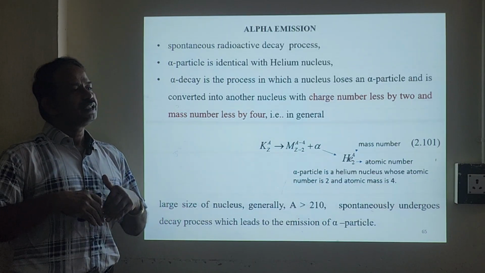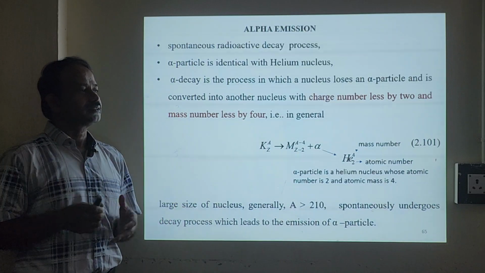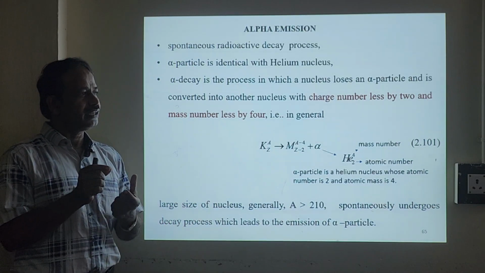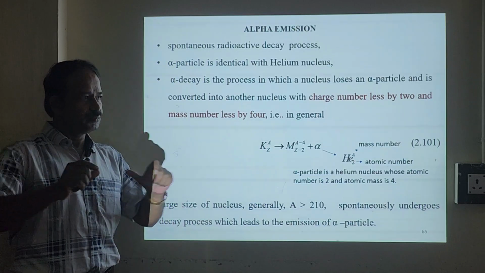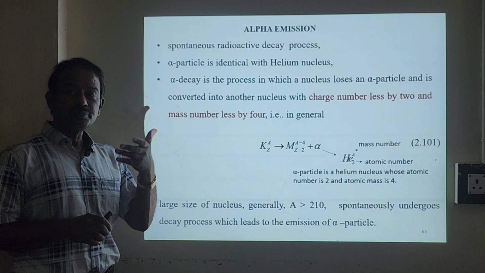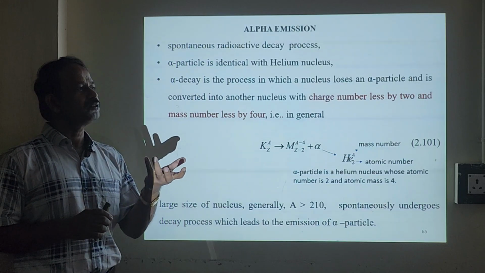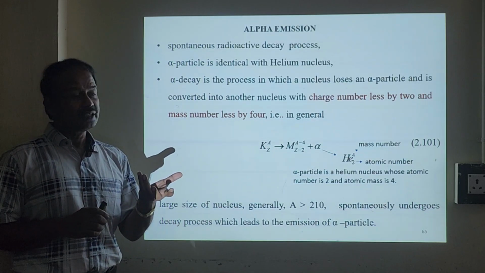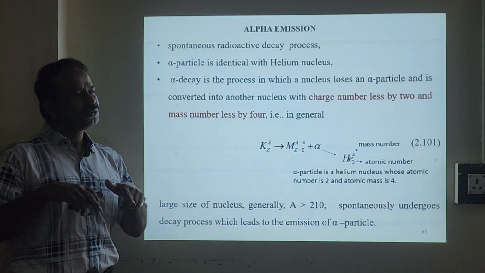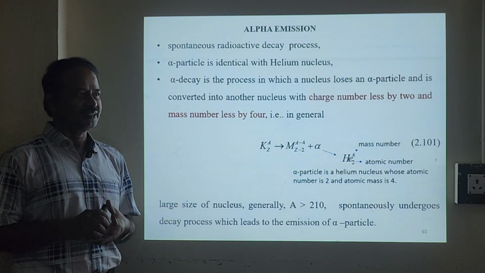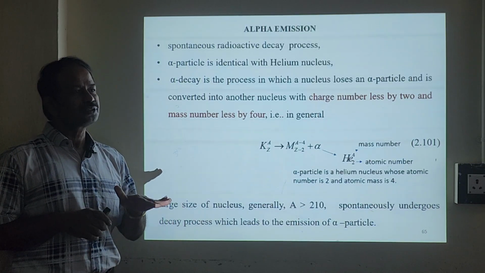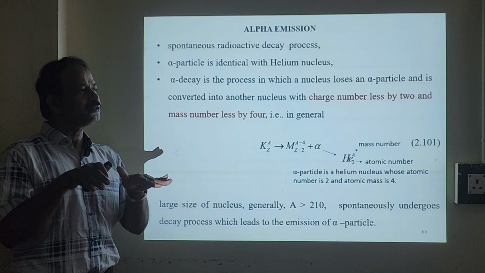Whereas when the nucleus is very large, the size becomes larger, and the distance between the nucleons also becomes larger. It so happens that the Coulombic force, the force among the protons, will dominate over the nuclear force. The Coulombic force now dominates and the nuclear force is suppressed.